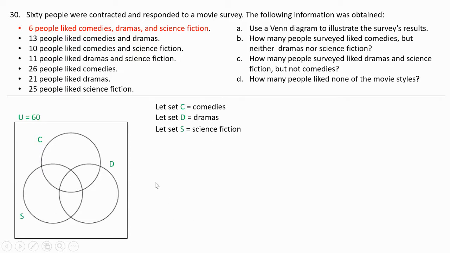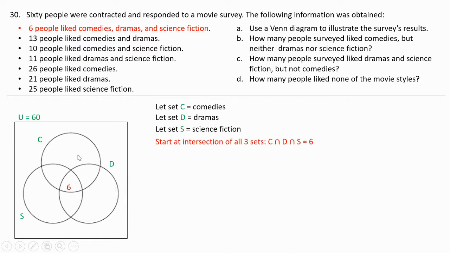Now, remember, you always start where they all intersect. So you start at C intersects D intersects S, which is 6. I got it from here. That means this is equal to 6 right here, where they all intersect. Now we go in order. 13 people like comedies and dramas.